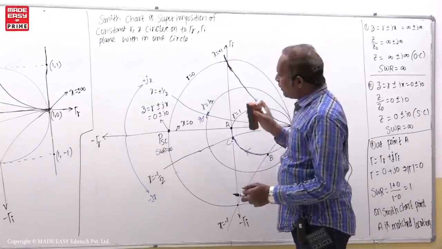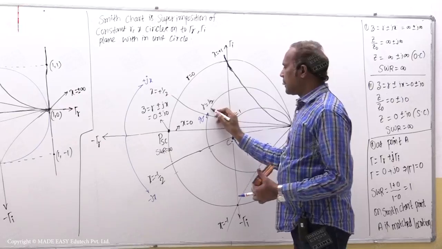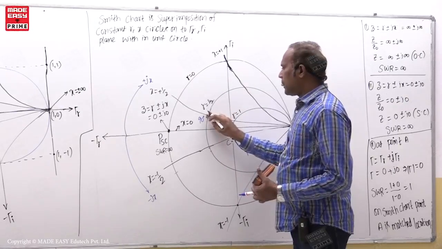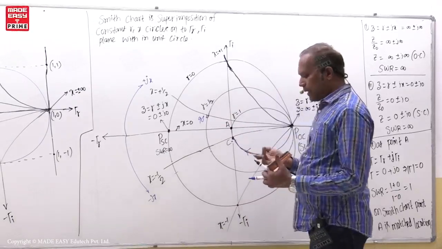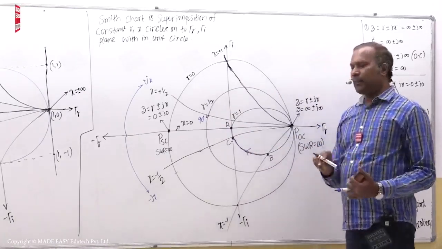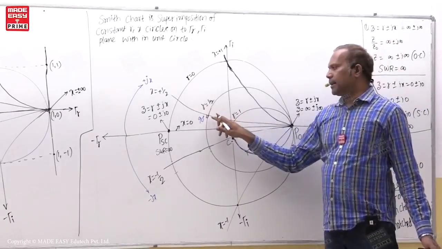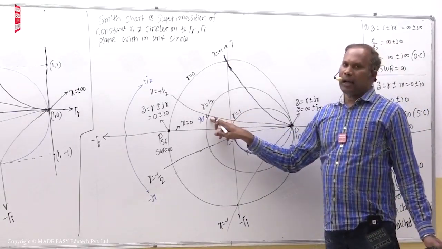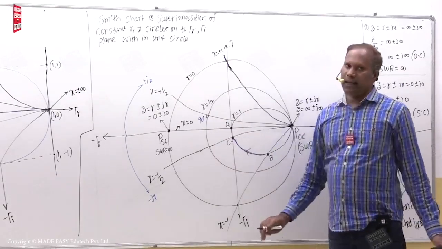Only at that location you have to see, not every location. Wherever constant R and constant X circles join, the angle is 90 degrees. Constant X and constant R circles are orthogonal to each other; they join at a 90 degree angle.